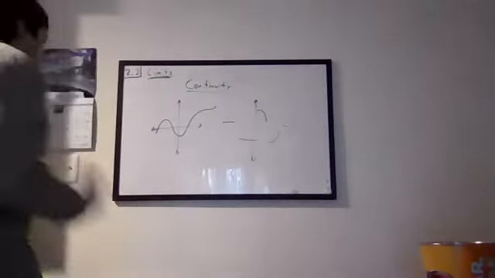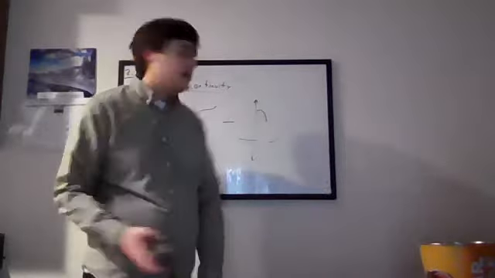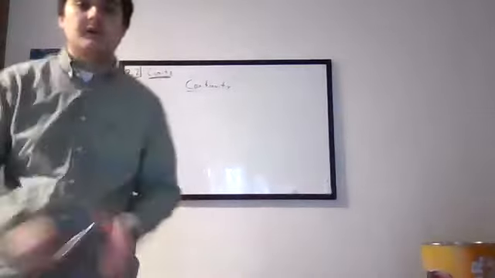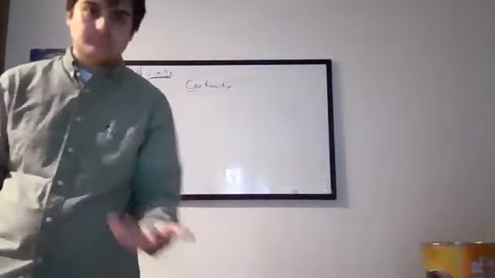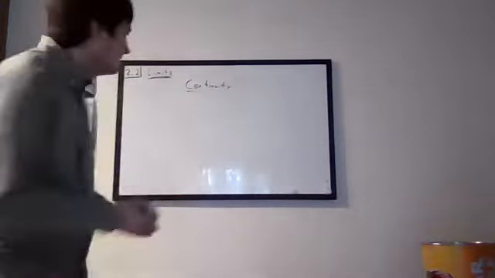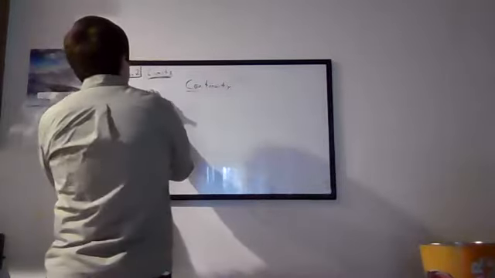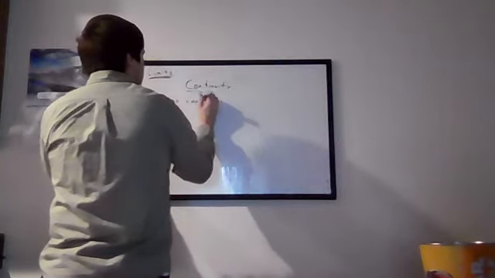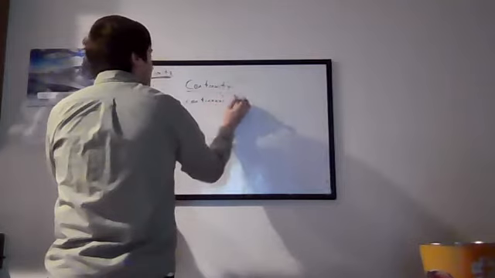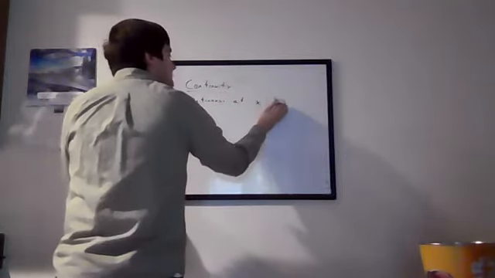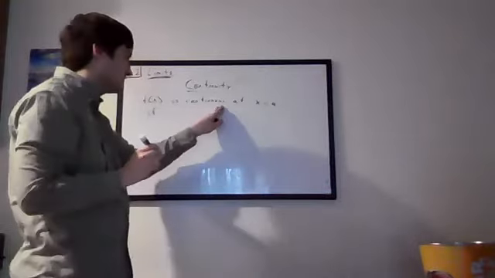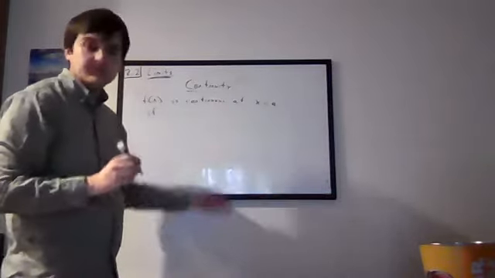Whenever we're talking about something being continuous, this actually ties in a lot to limits. We can get a definition of continuity using limits, which says that f of x is continuous at x equals a if, I'll just say if, so this is true if this thing is true.